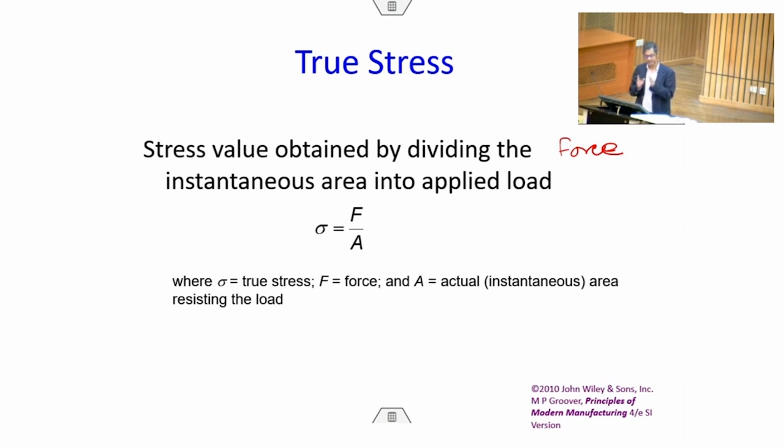And F anyway you know, how much force you are applying. So you are using the actual area here, not the original area. The original area was known before the beginning of the test, but as the test goes on, the area decreases because you are lengthening the sample.